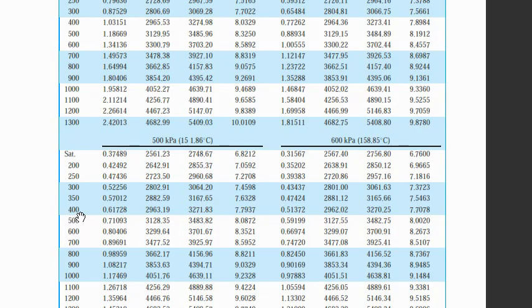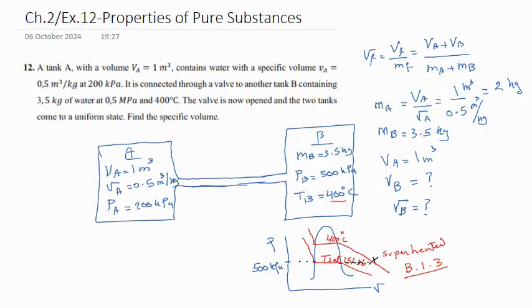In the first column, this is equivalent to 0.61728 meter cube per kilogram. So this implies a specific volume of tank B before the valve opens. This is 0.61728 meter cube per kilogram.